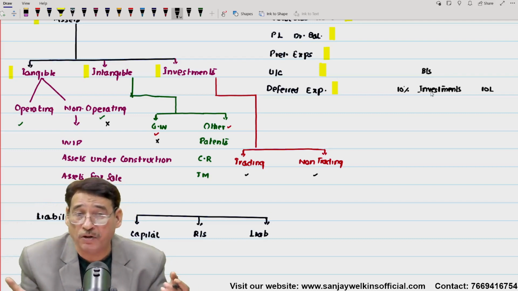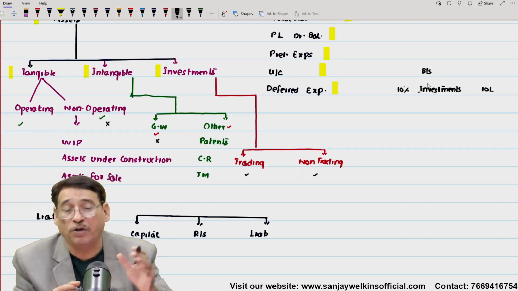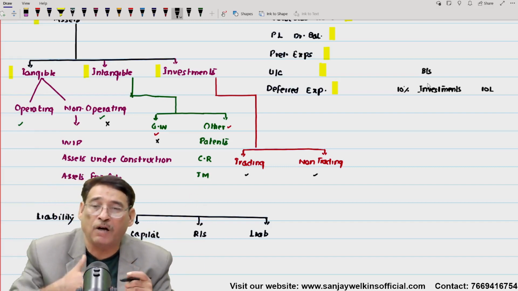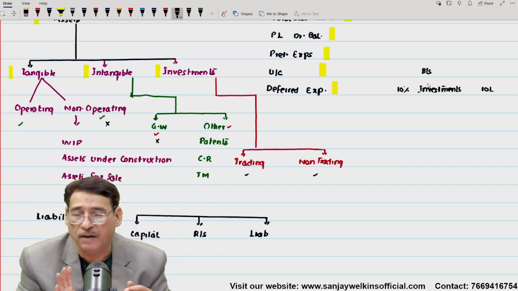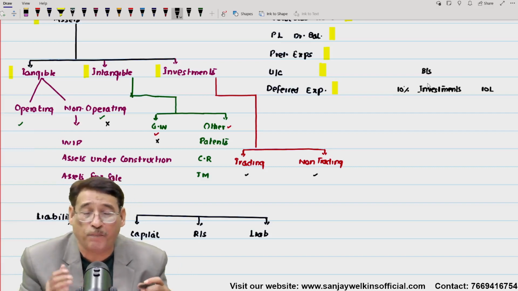What do we mean by non-trading? Because our entity has invested the amount in some other entity, that means our funds are being utilized by the other entity and not by us. That's a different matter that we are getting some income out of that. But the point I am talking about is investments.